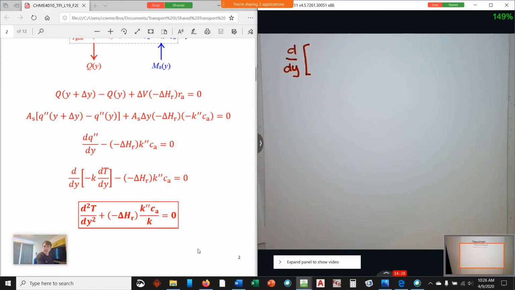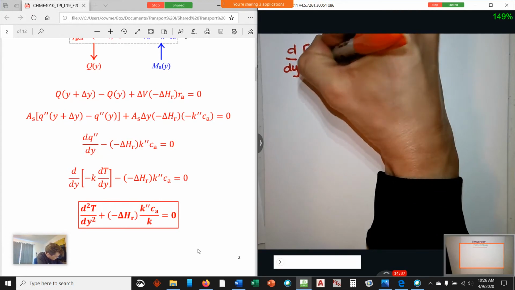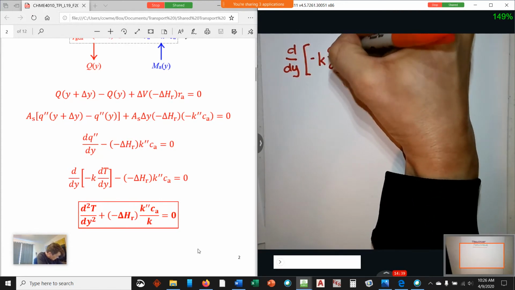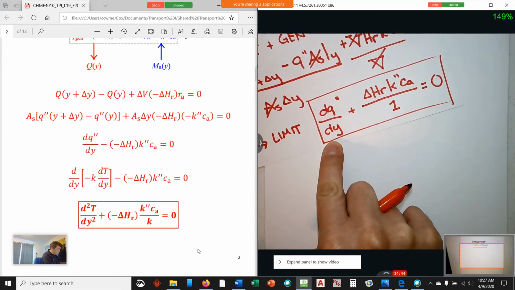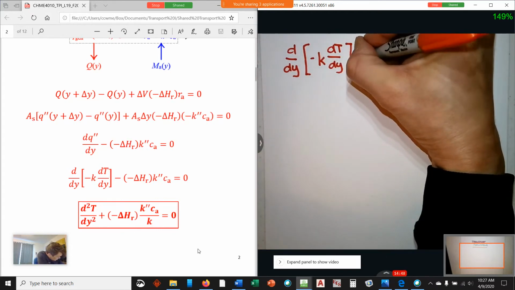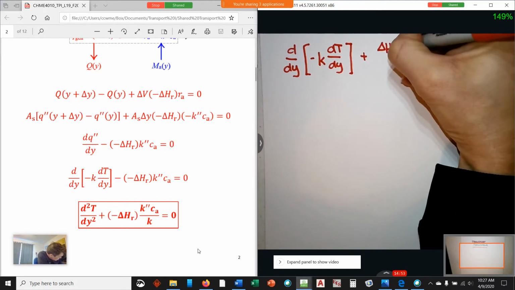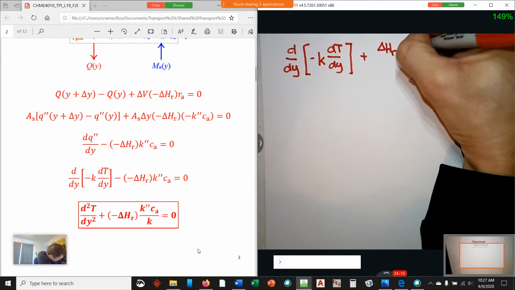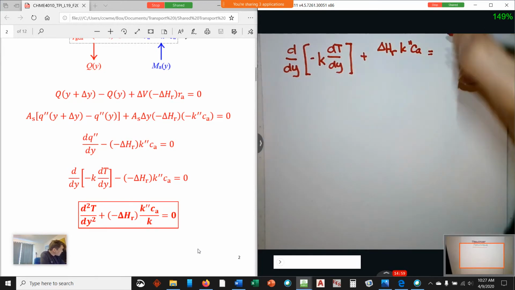And Fourier's law says Q, or Q double prime, the flux, is negative K thermal conductivity, dT dy. And so that's replaced dQ dy, and we have our heat generation. Almost wrote it as a fraction again.